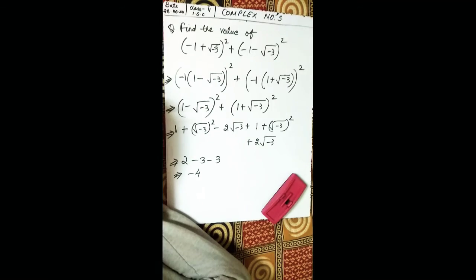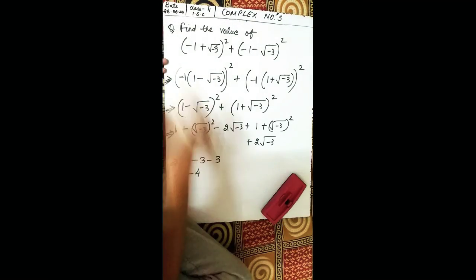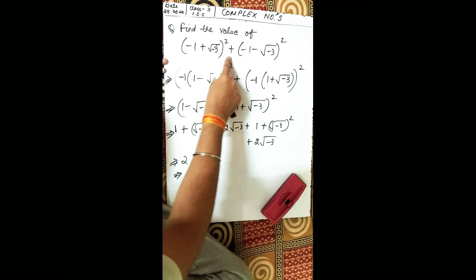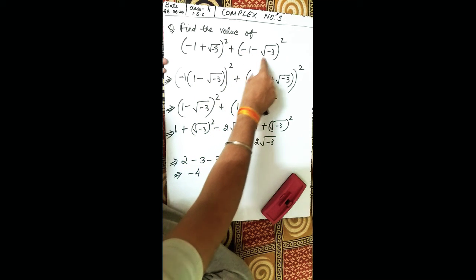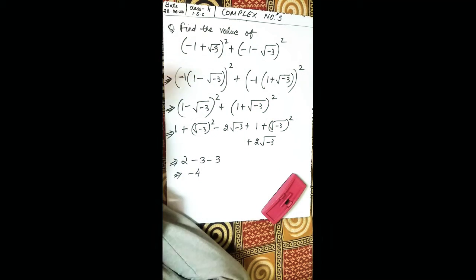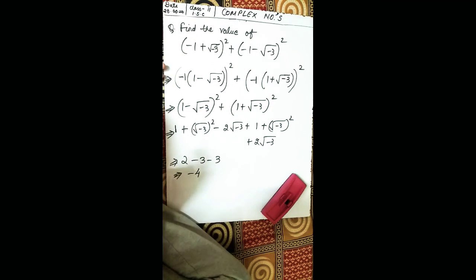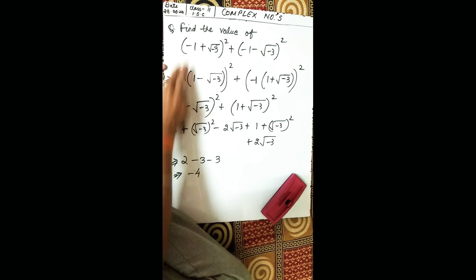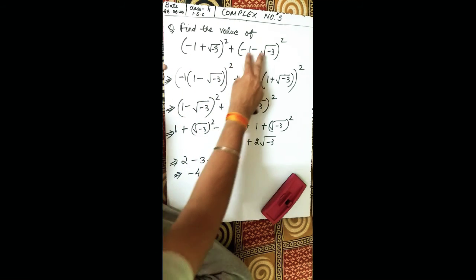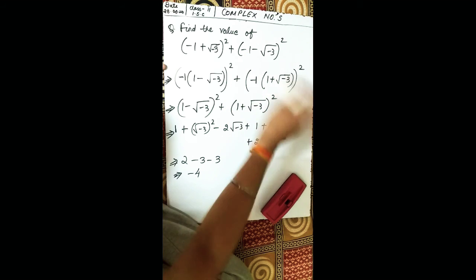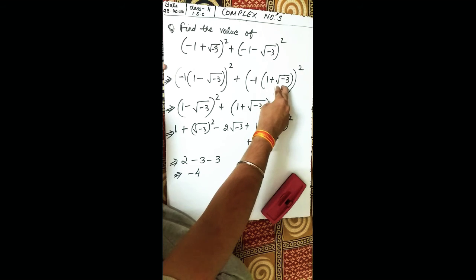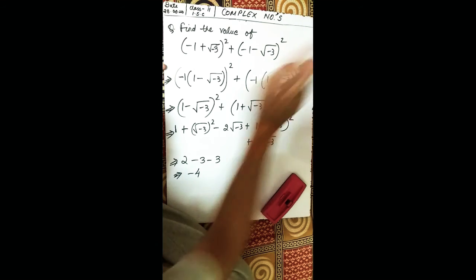Okay, let us come to this question. Find the value of (minus 1 plus root minus 3) the whole square plus (minus 1 minus root minus 3) the whole square. We need to find the value of this one. First of all, I'm taking minus 1 common, so (1 minus under root of minus 3) the whole square, and here also I'm taking minus 1 inside the square only. This will be (1 plus root minus 3) the whole square.